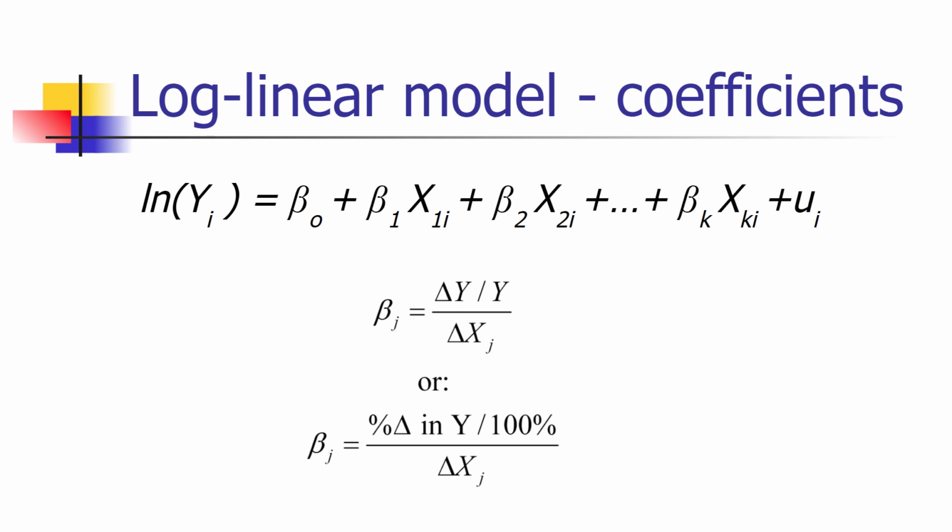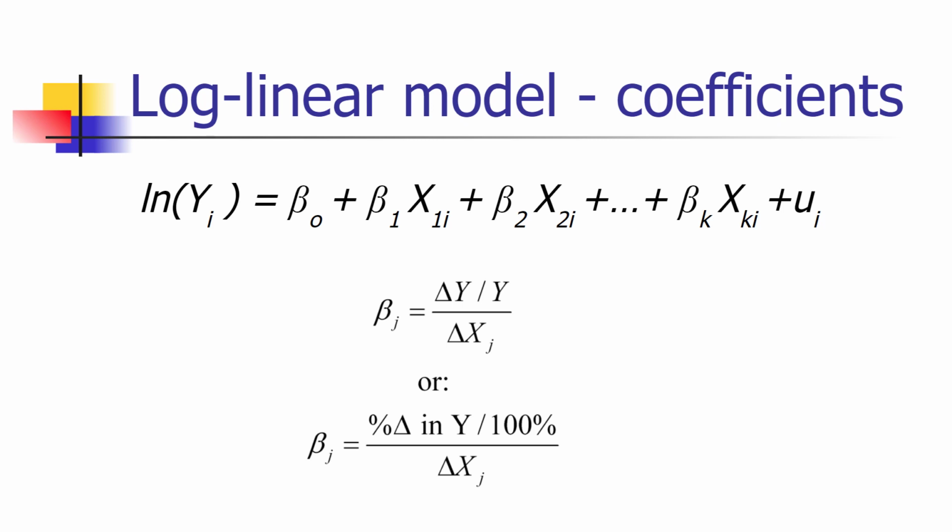One common use of this is when we're estimating earnings equations to estimate the effect of an additional year of schooling or an additional year of work experience on an individual's income. Because what the coefficients would tell us is the percent change in income that occurs from an additional year of schooling. Except again, this is represented as a decimal rather than a percentage.